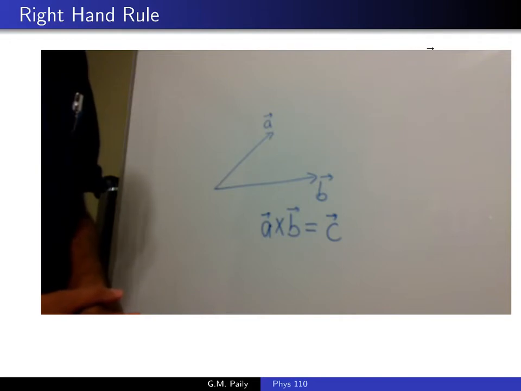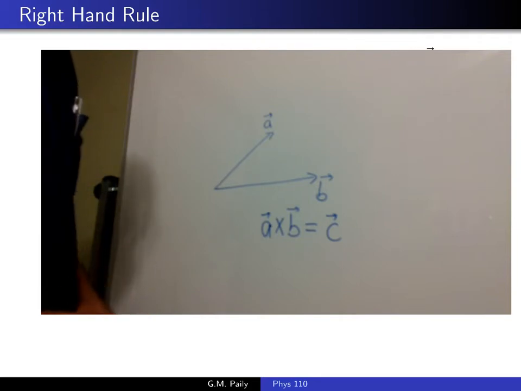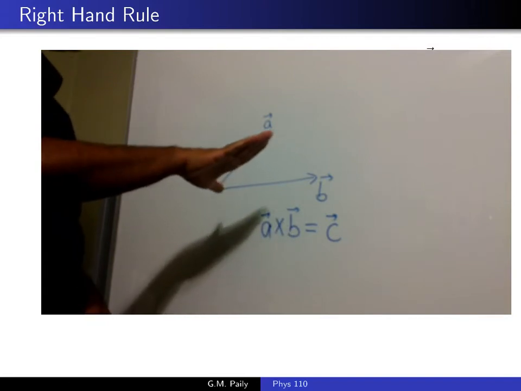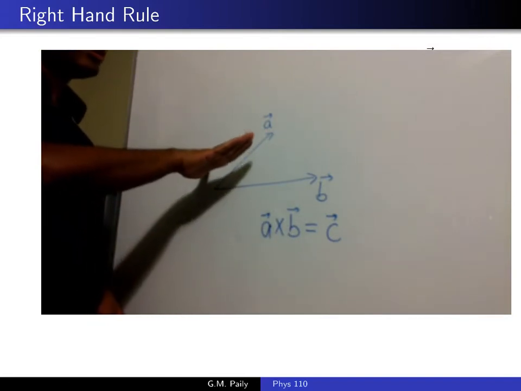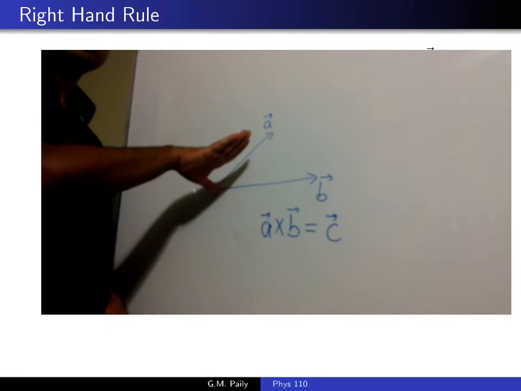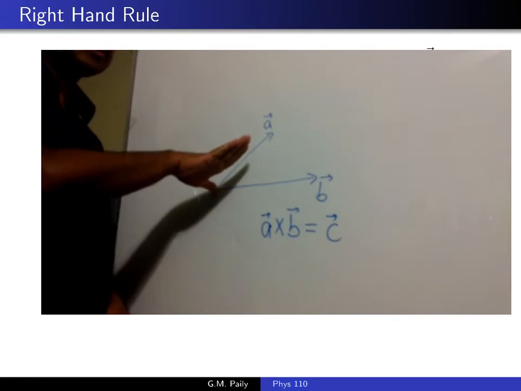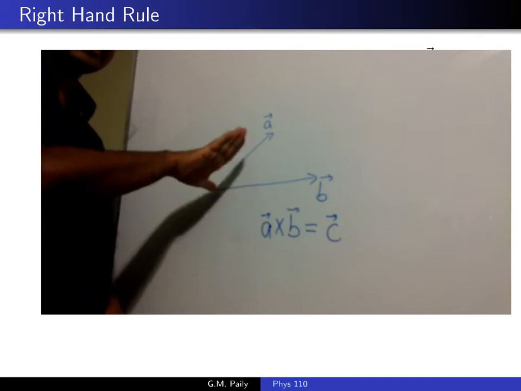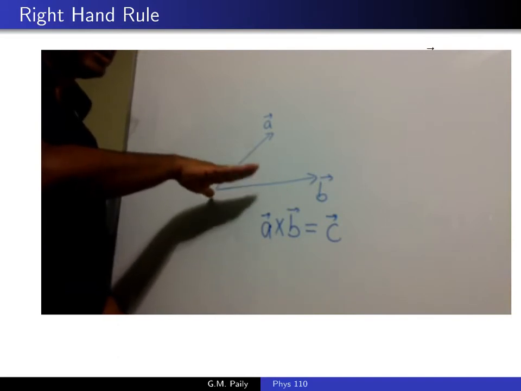Here we are doing A cross B. I take my right hand and hold my fingers flat and point them along the first vector, A. I then curl them towards the second vector, B.